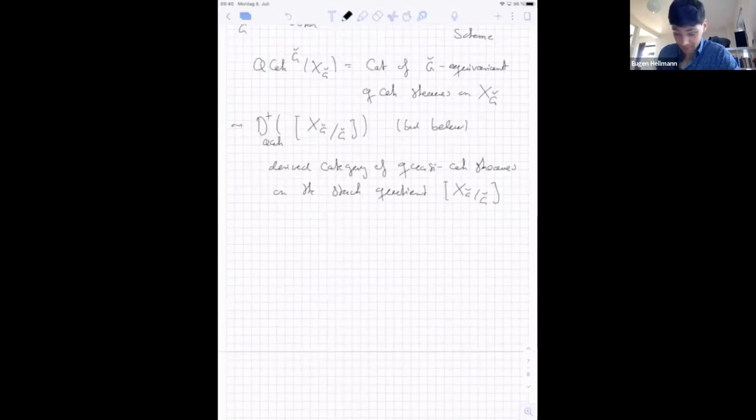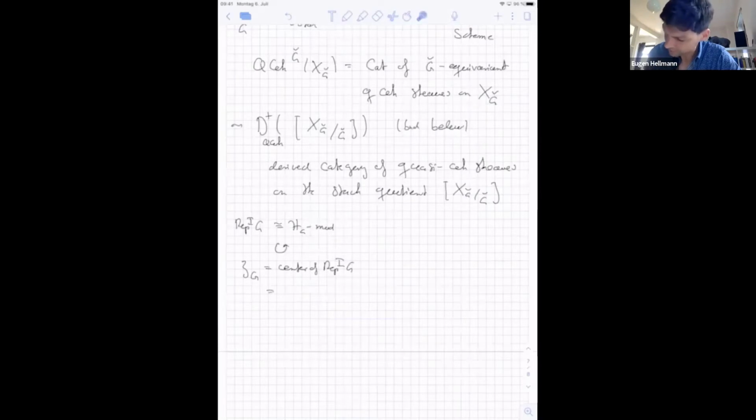And so on the one hand side, I have my representations, which was the same thing as the Hecke modules. And this comes equipped with an action of what I want to call Z_G, which is the center of Rep_IG.